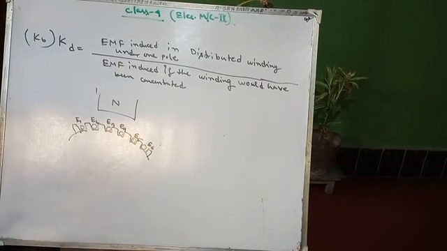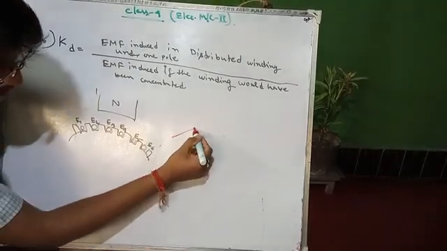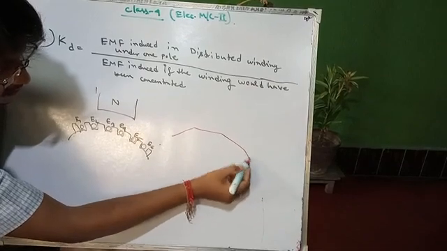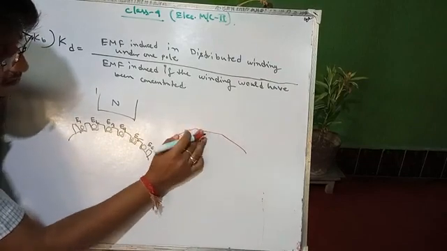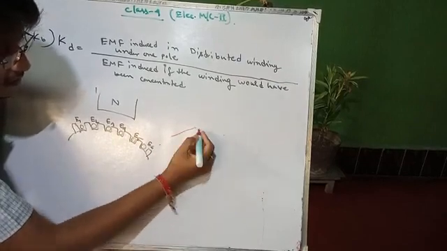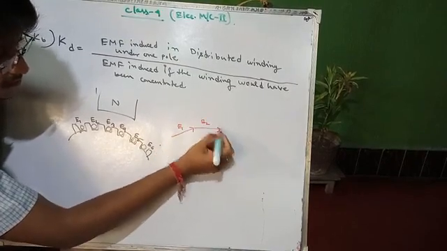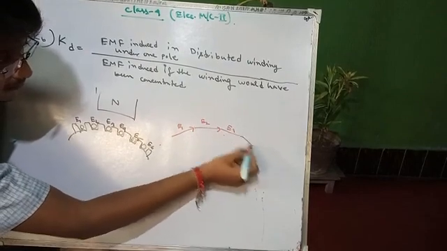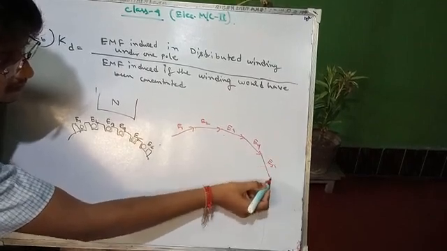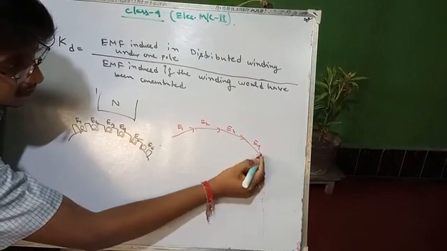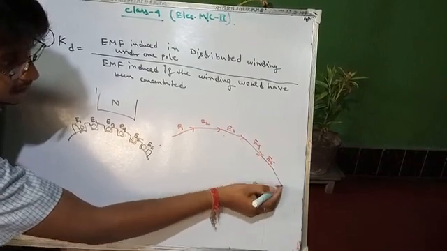Now if we consider the algebraic sum of these EMFs, suppose this one is E1, this is E2, this is E3, this is E4, this is E5, a little bit bent, and this is E6.